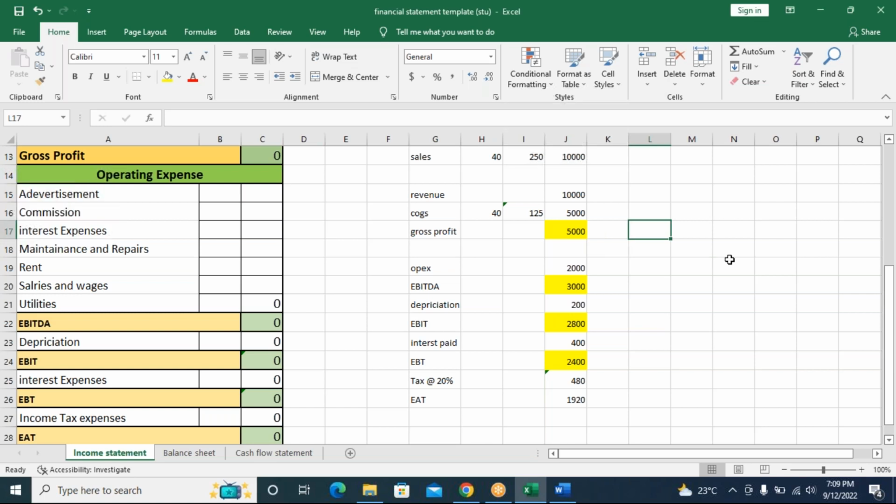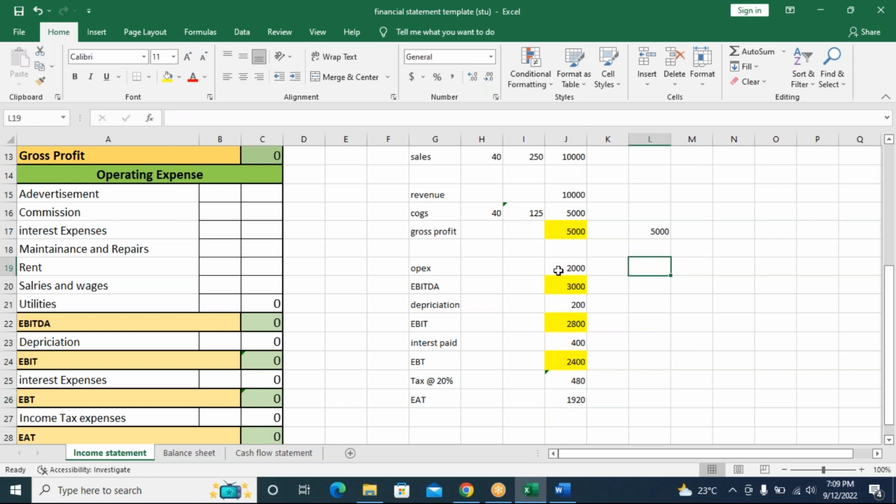Now I wanted to show you one more aspect. Whenever there is a loss, here you are getting the profit, that is earning after tax, after spending all the amounts, everything.